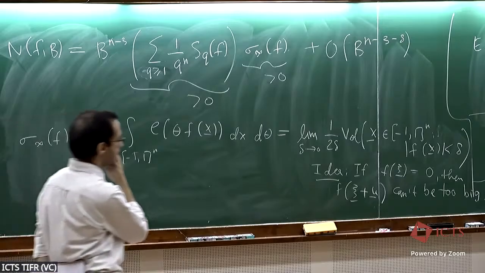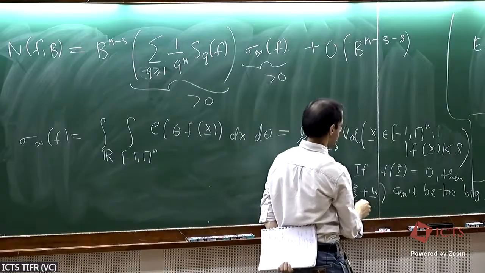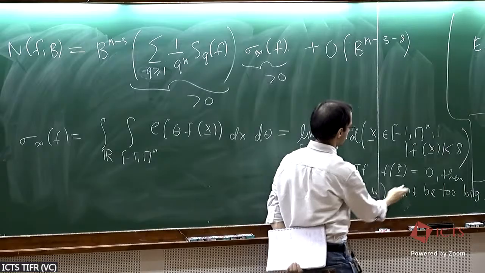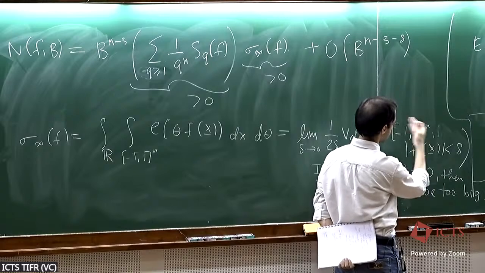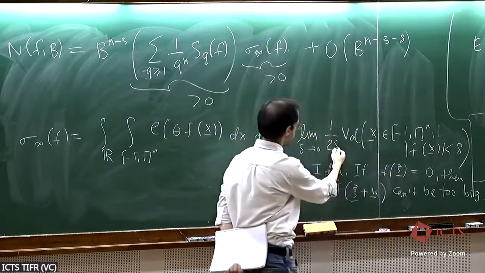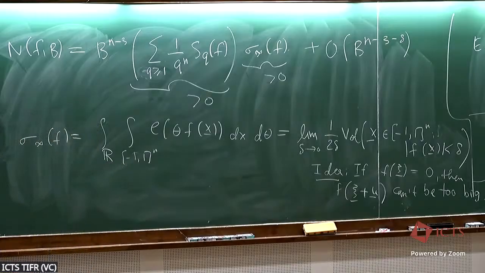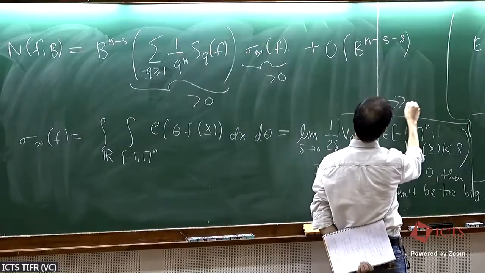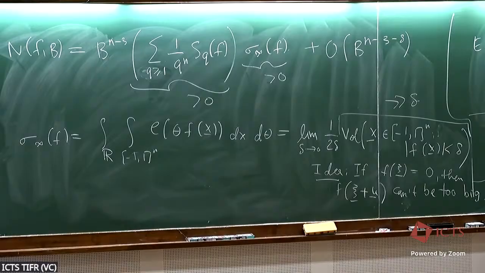If you take f of x to be less than delta, and vice versa. If you take u to be small enough, then you'll have a set which has positive density, and it has to have density which is going to be bigger than some constant times delta. That's what one can show. So basically what one can show is that this volume is going to be bigger than some constant that depends upon f times delta.